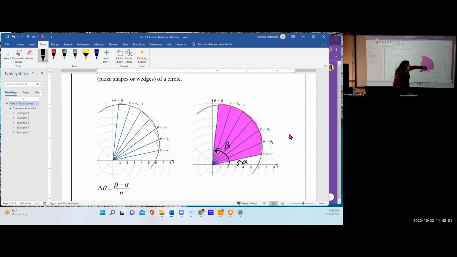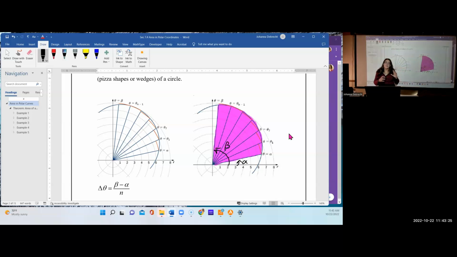And what I want to do is I want to compute the area of each individual little sector. Now, is it exactly the sector of a circle? No, it's not. And the reason is the edge here is not a circle necessarily, although we might have one, not likely. It's a polar curve, but it's close to a sector of a circle.